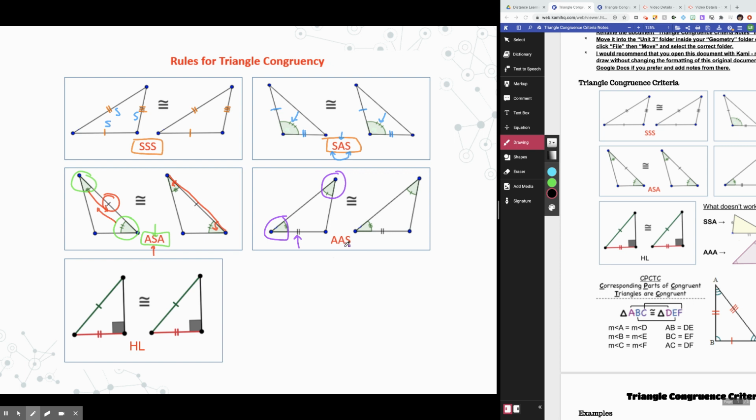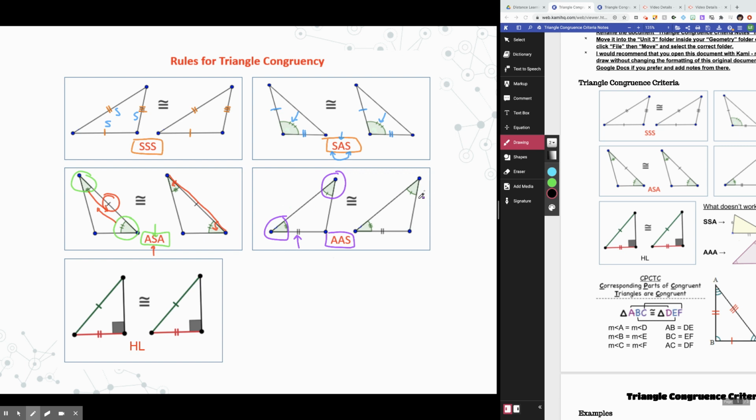Another way that you can think about most of these triangle congruence criteria is if you pick one of these congruence marks to start with, and then you follow logically to the next thing that has a congruence mark, like the shortest distance that you could go to get to the next thing with a congruence mark, then it'll tell you which one of these four you're dealing with.